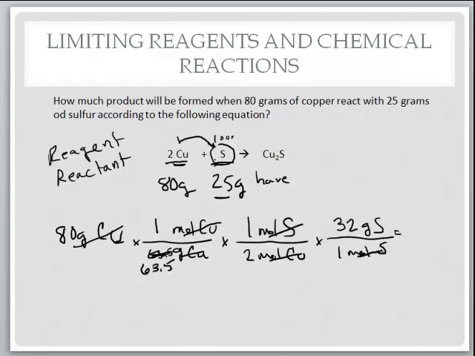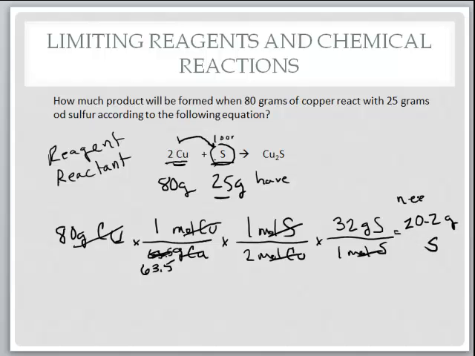So our moles cancel. Let's do the math. 80 divided by 63.5 divided by 2 times 32, and we get 20.2 grams of sulfur.